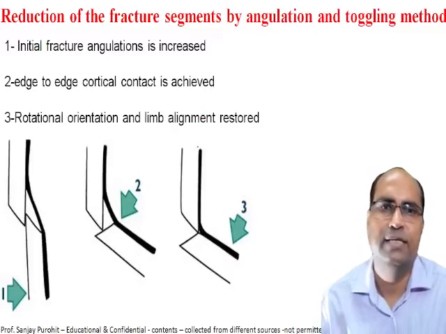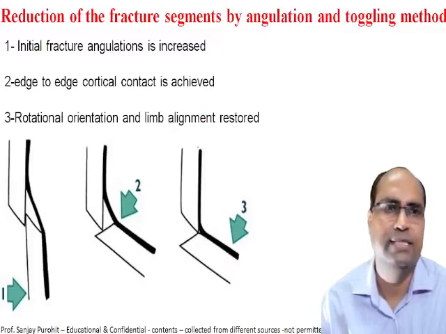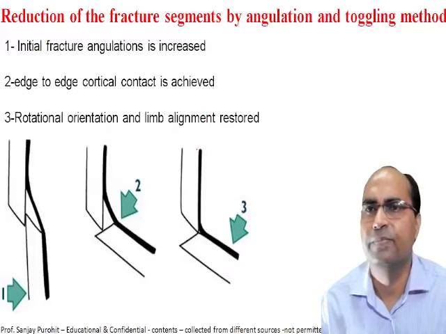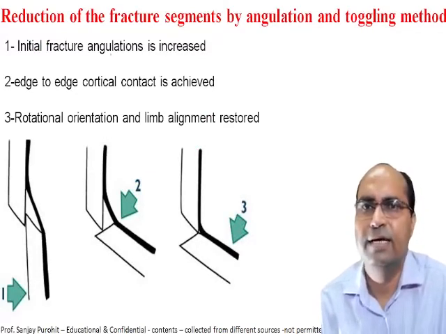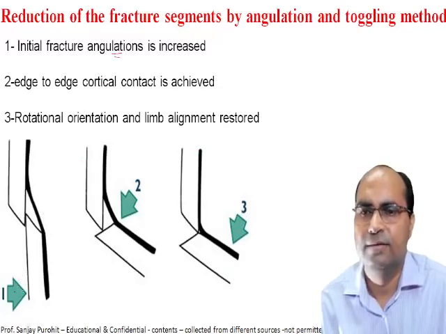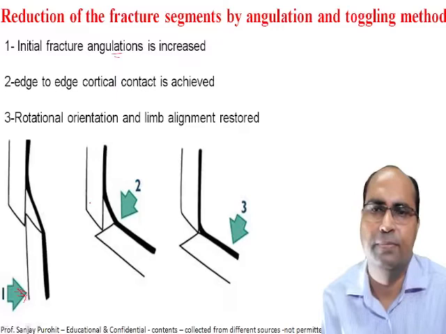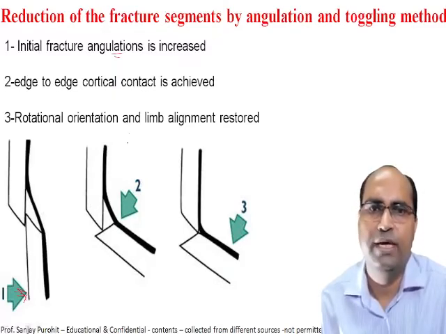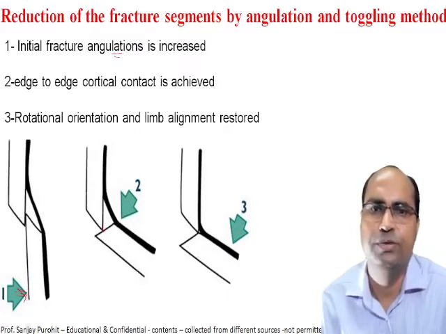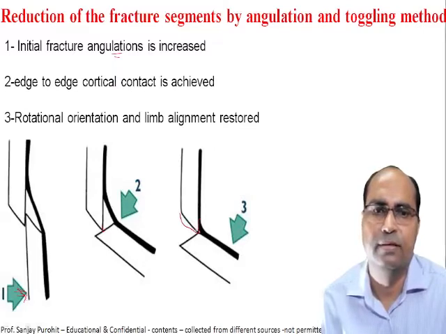Reduction of the fracture segment by angulation and toggling method. Initially, the fracture angulation is increased. By this, force is applied in this direction to increase the angulation. Then edge-to-edge cortical contact is achieved like this.